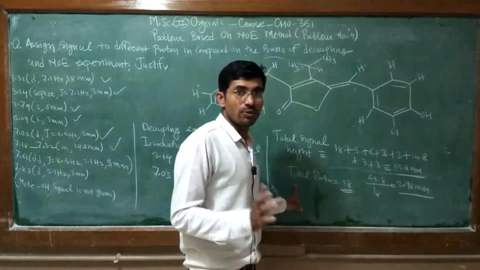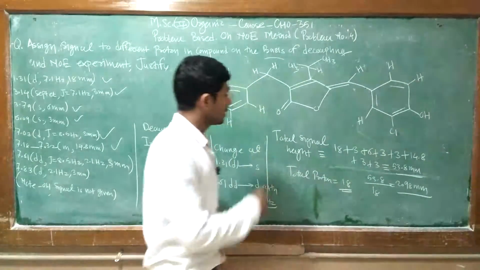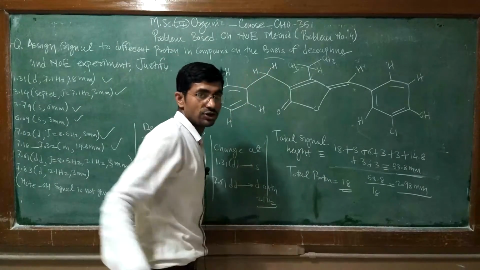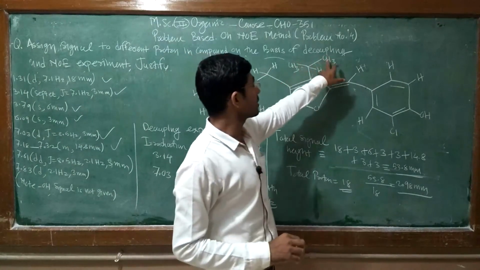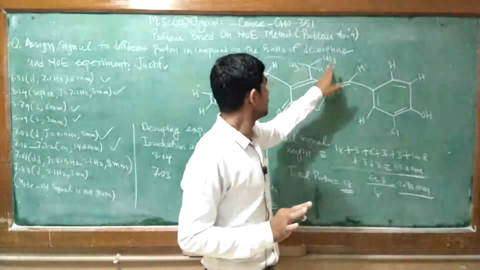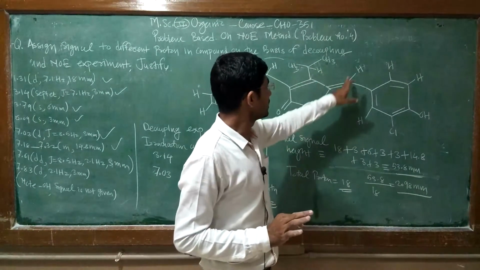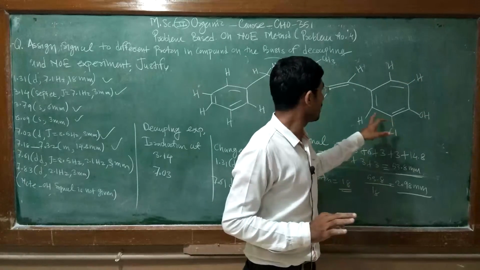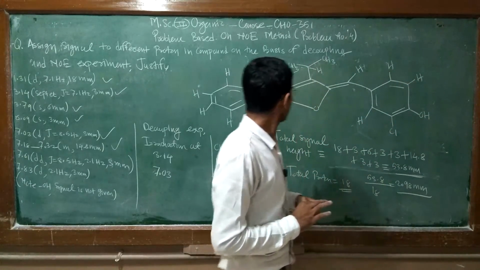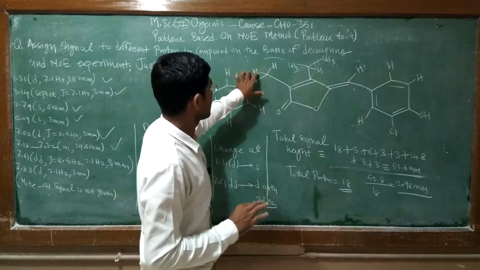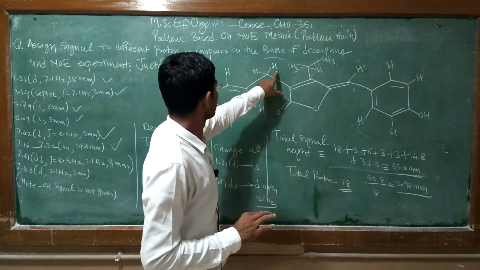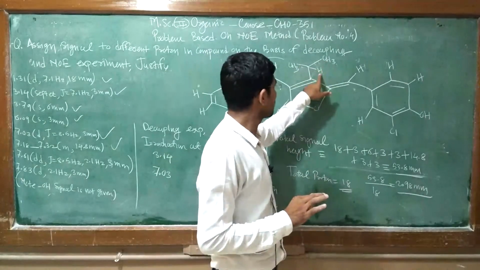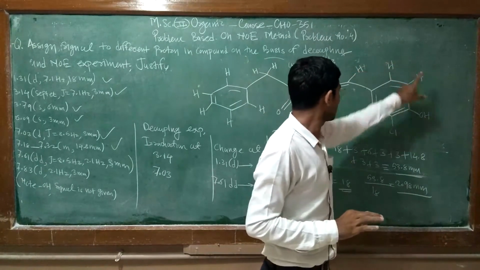If you count the number of protons, 5, 6, 7, 7 plus 6 is 13, 14, 15, 16, 17, 18.